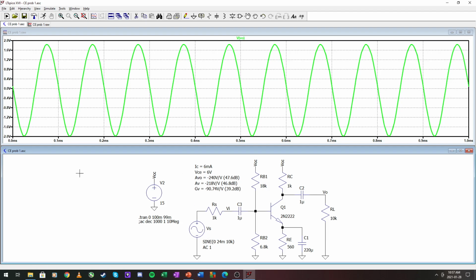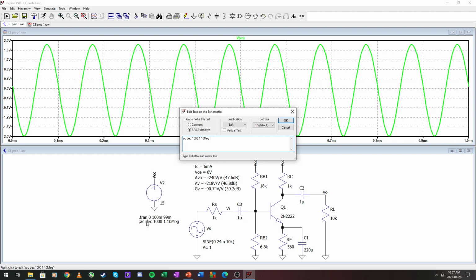You can do that with the help of video 6, I think. And we see that we have a fairly large output swing from just this 24 millivolts input, and this 24 is when we are still operating in the linear range.